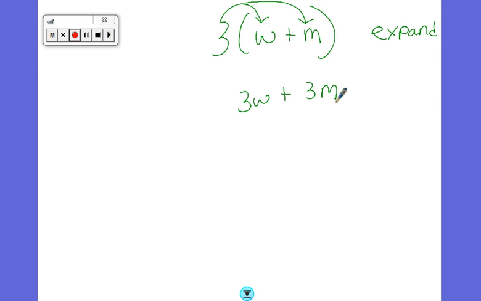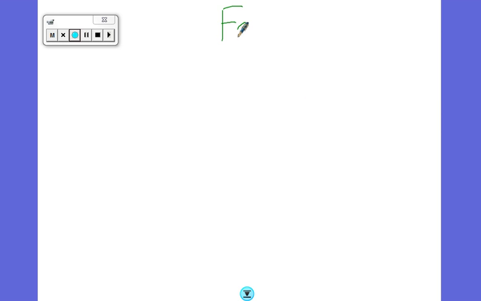Where it gets complicated, and not so much today, but where it will get complicated, is the next component. And that is when we have to factor. We're going to end up setting our problem up as if we were doing the distributive property. So I have 2 terms here. 1 term, 2 terms.